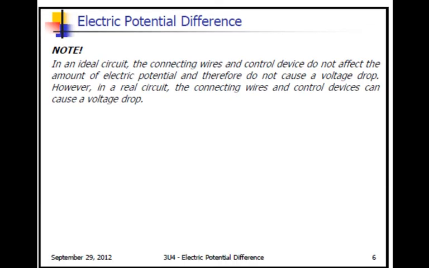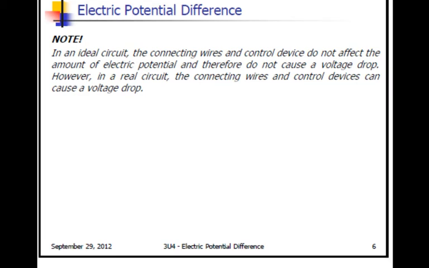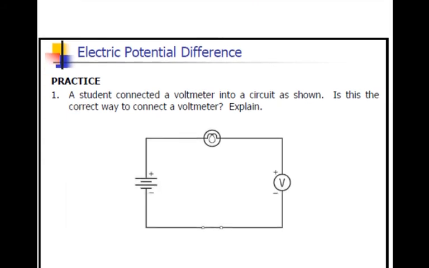In an ideal circuit, the connecting wires and the control device do not affect the amount of electric potential and therefore do not cause a voltage drop. However, in a real circuit, the connecting wires and control devices can cause a voltage drop. Basically, what this slide is saying is that the voltmeter shouldn't affect the electricity in the circuit, but sometimes it will.